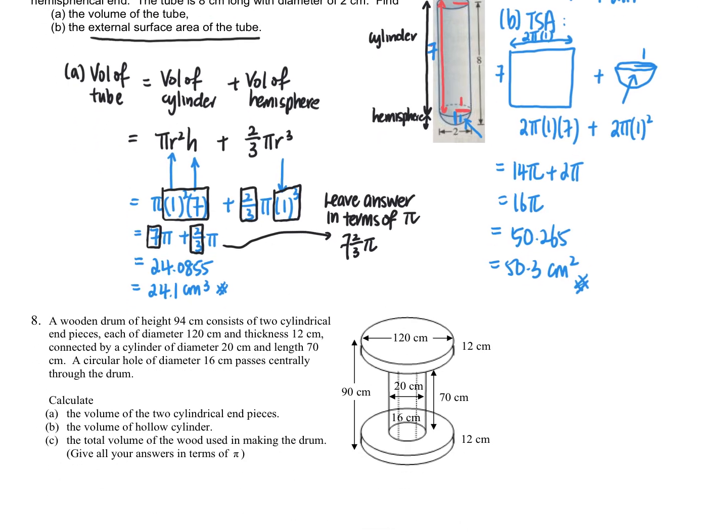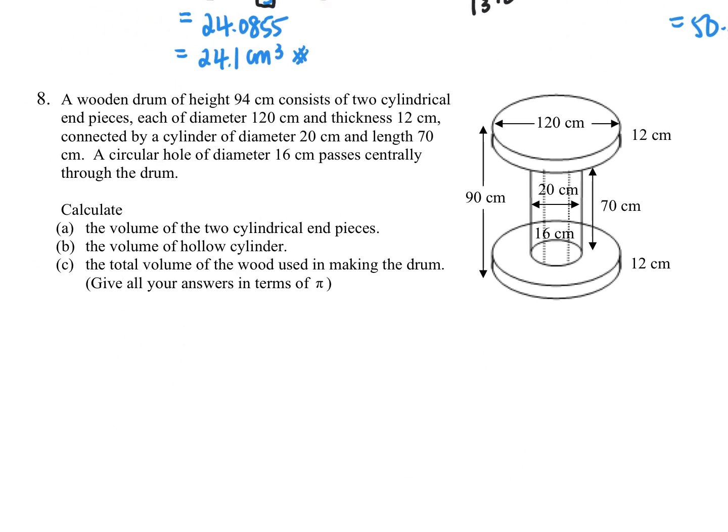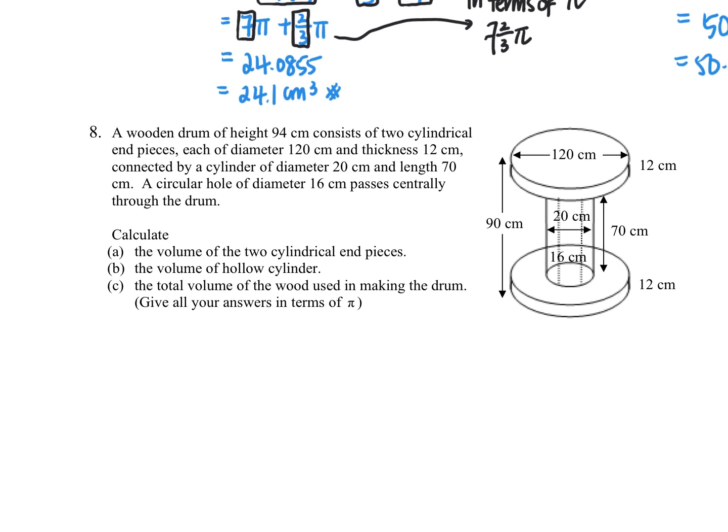Okay, next one. A drum. The height of the drum is 94 centimeters. Okay, we wrote 90 here, let's change to 94. And there are two cylindrical end pieces. That means this one cylinder, here another one.